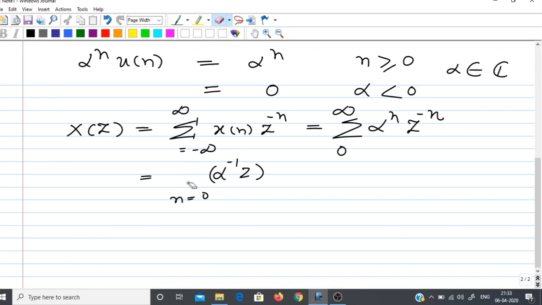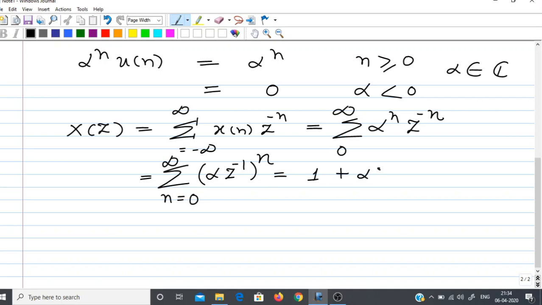This can be expressed as the following: summation n running from 0 to infinity, alpha z to the power minus 1 whole to the power n. And if you expand this, you will get 1 plus alpha z inverse plus alpha z inverse squared, and so on.